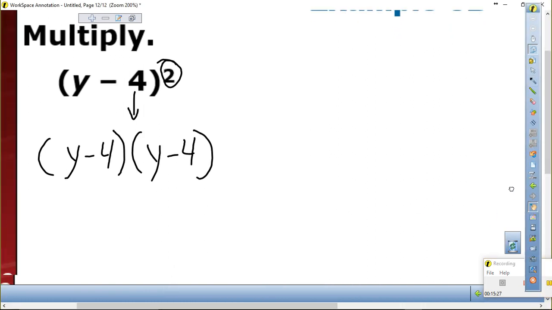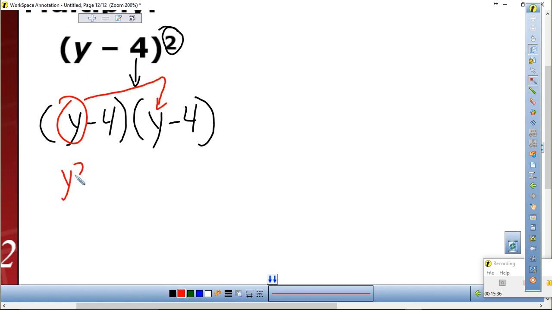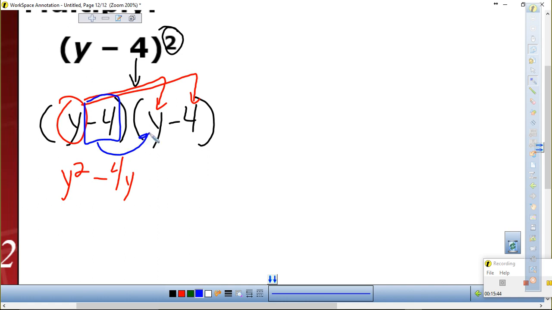All right. Let's see. Here goes the process. I'm going to start with red. What is y times y? Y squared. What is y times negative 4? Negative 4y. All right. Second term. What is negative 4 times y? Negative 4y.